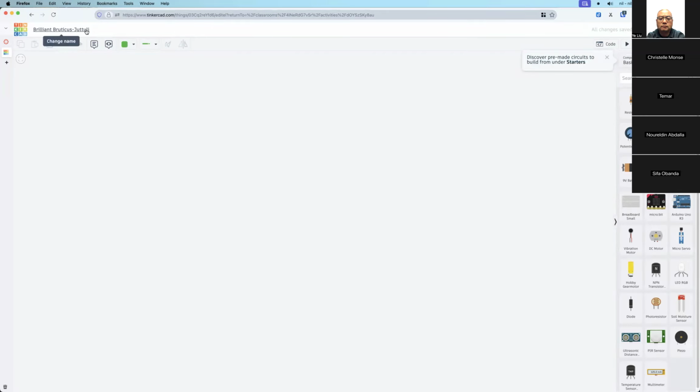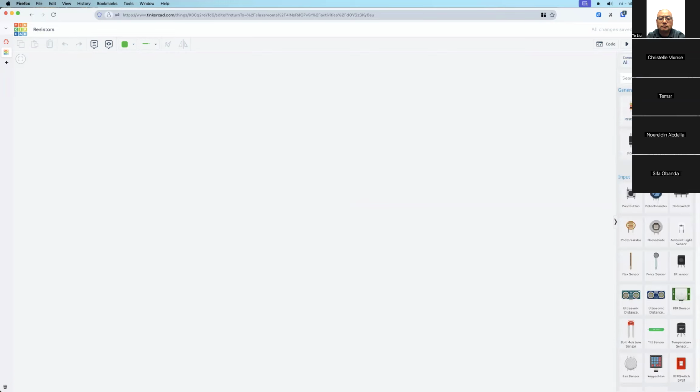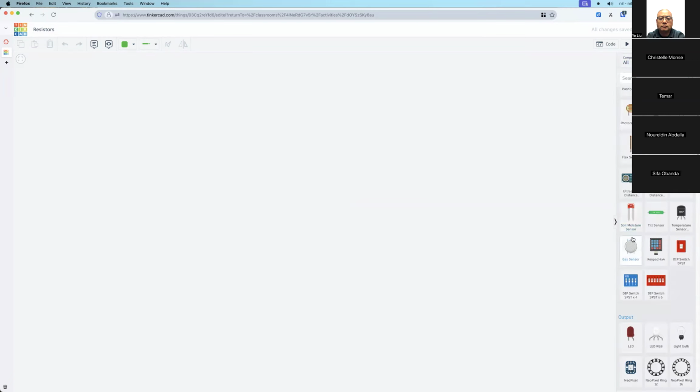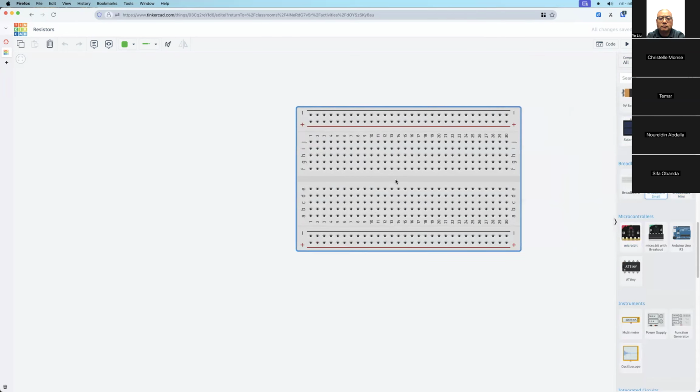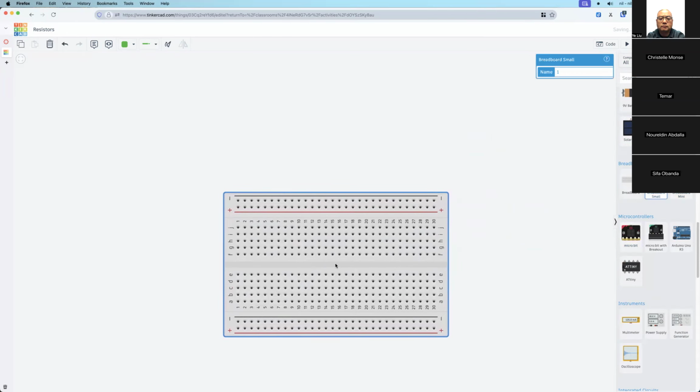First change the name. Great. Then let me drop a breadboard, then the function generator, we need this node.